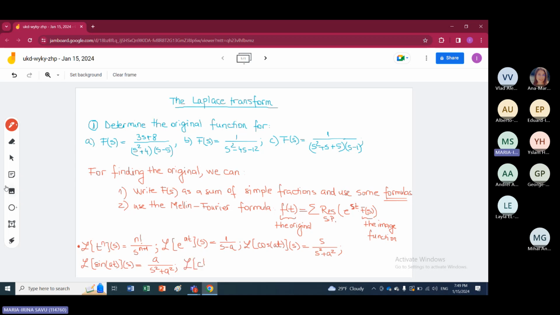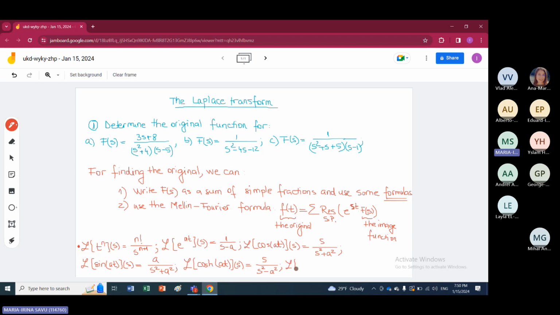Laplace of hyperbolic cosine, I'm going to write cosh, but you can write also ch. Cosh of at in variable s is s over s squared minus a squared.